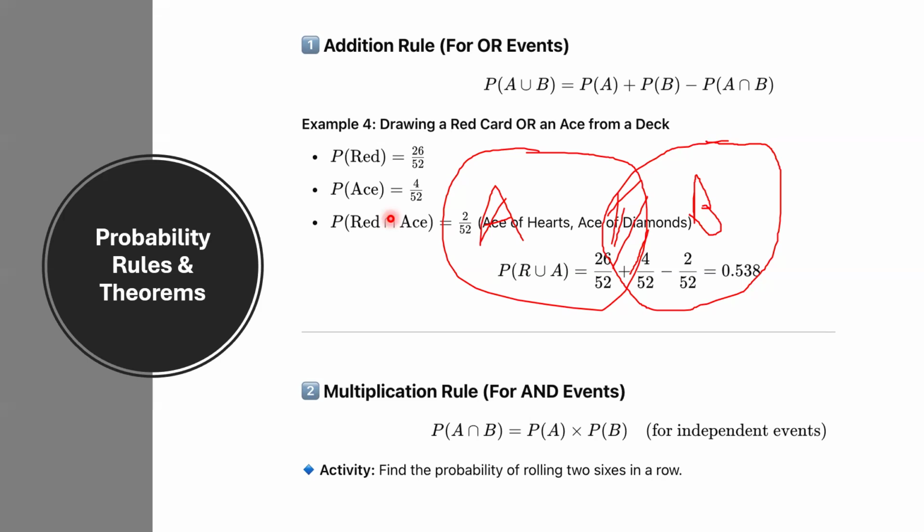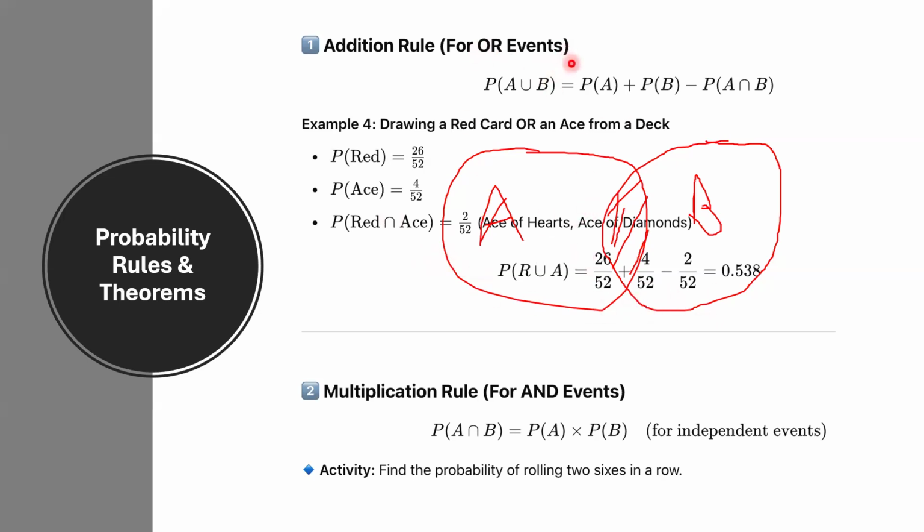Okay, so how many red aces are there? It could be either the ace of hearts or the ace of diamonds, because we only have two types of red cards, right? Hearts or diamonds. So what are the favorable outcomes in this case? 2 divided by the total number of cards, that is nothing but 52. Okay. So we will put all these values in the formula, right?